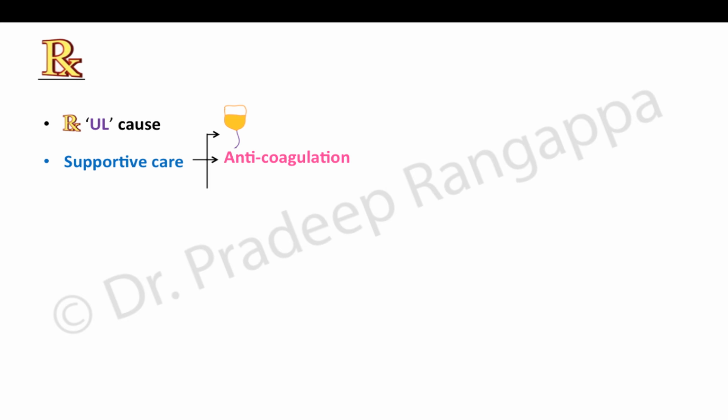And supportive care would also mean anticoagulation, and this typically is useful in patients with hemolytic uremic syndrome or thrombotic thrombocytopenic purpura or HIT, where anticoagulation may be needed. And most importantly, you will be focusing more on etiology-specific treatment, because you need to ascertain the underlying etiology and then plan treatment accordingly.